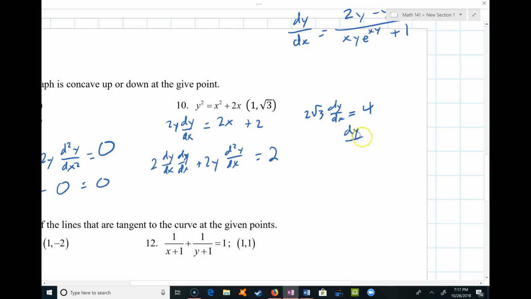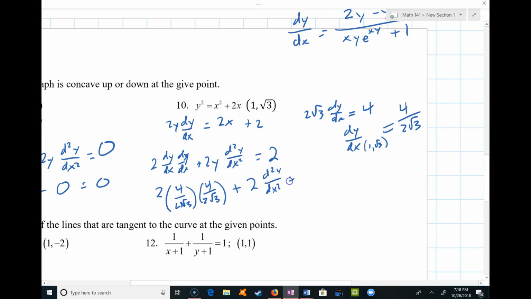So I know that dy/dx evaluated at the point (1, rad 3) is equal to 4 over 2 rad 3. Okay, so then I'm going to go over here and say, this is 2 times 4 over 2 rad 3 times 4 over 2 rad 3, plus 2 times 1, which would be 2, times the second derivative, which is the thing I'm looking for, equal to 2.